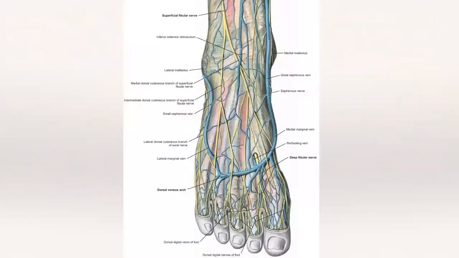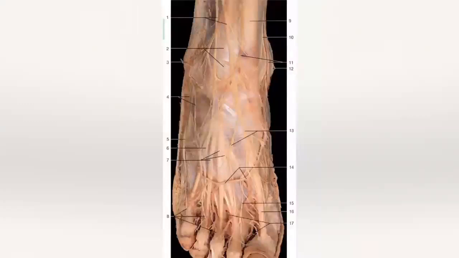So this one is the superficial fibular nerve, which divides into intermediate cutaneous and medial cutaneous nerves. The intermediate cutaneous nerve divides into digital branches, whereas the medial cutaneous nerve also divides and supplies the hallux. This is a cadaveric specimen.